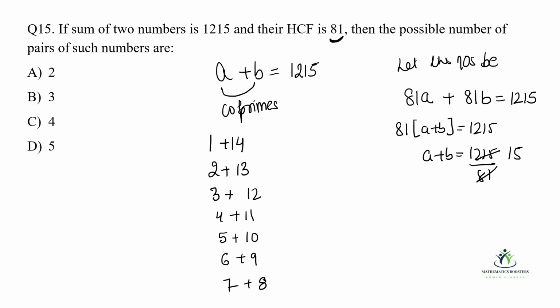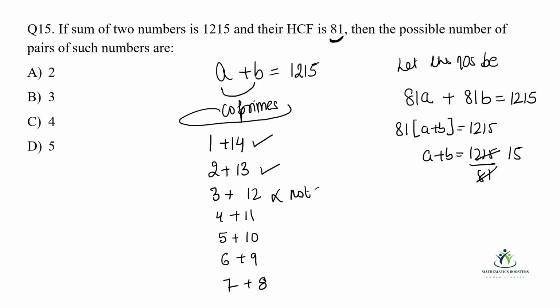These are the possibilities. अब ये सारी possibilities true नहीं है, हमें चेक करना है कि कौन सी possibilities correct होंगी, जिसमें दोनों co-primes होंगी. ये conditions हमें देखनी है. 1 और 14 is co-prime, correct. 2 and 13 co-prime, yes. 3 and 12 is not co-prime.